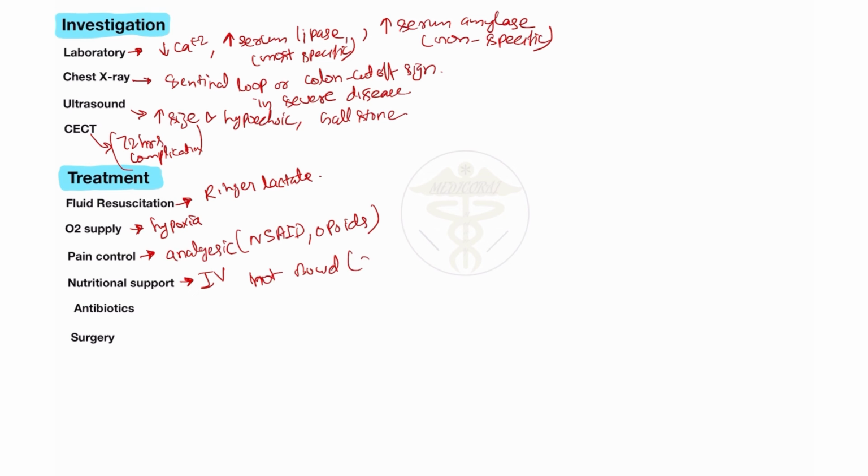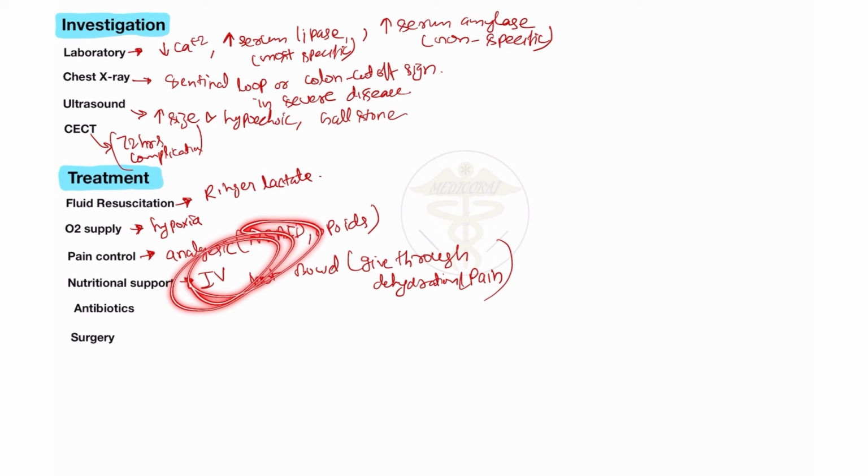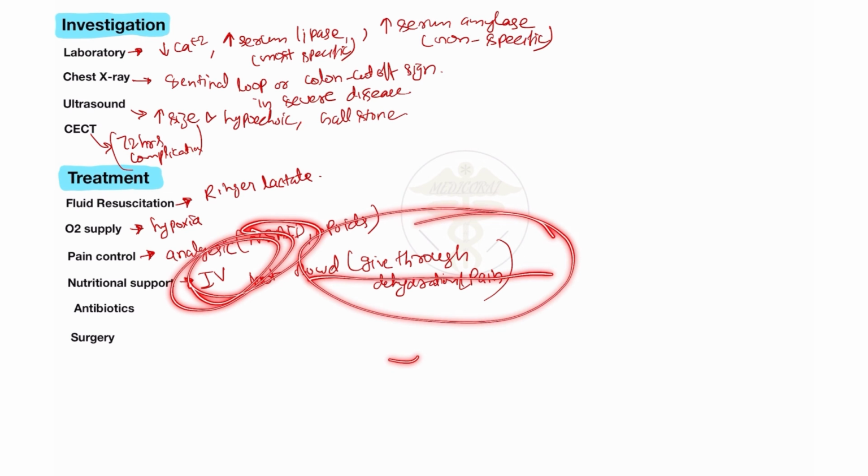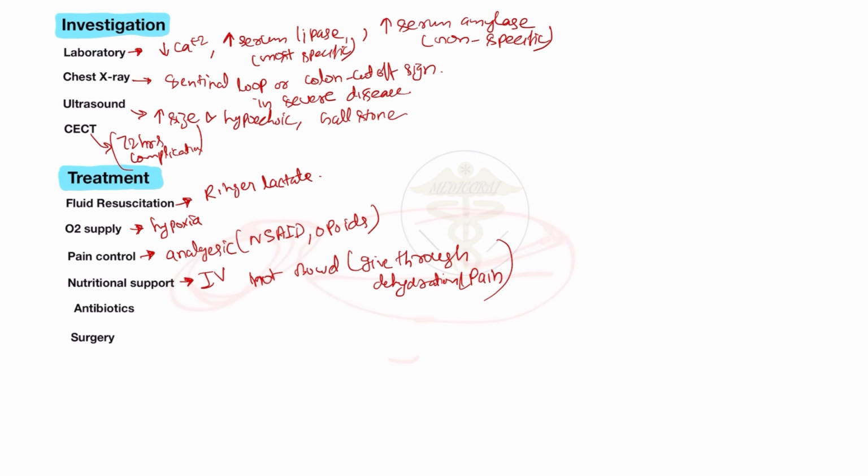Because when you give it through the mouth, the pancreas is stimulated, causing dehydration and pain in the epigastric region. So nutritional support is always by IV fluid.